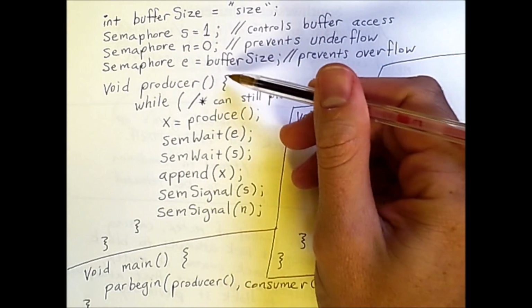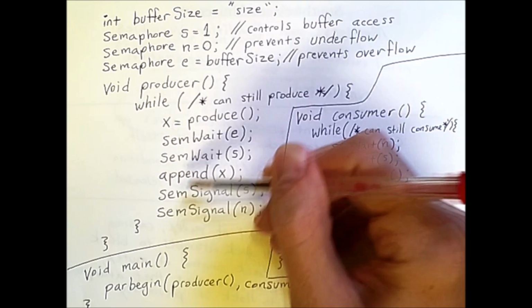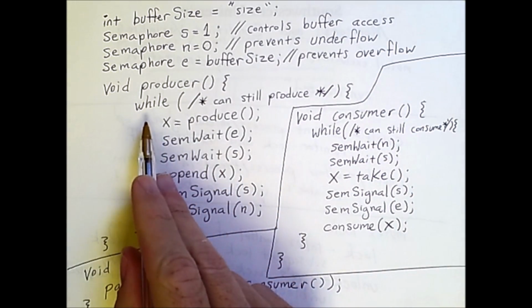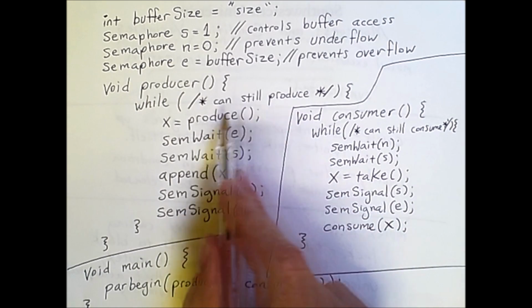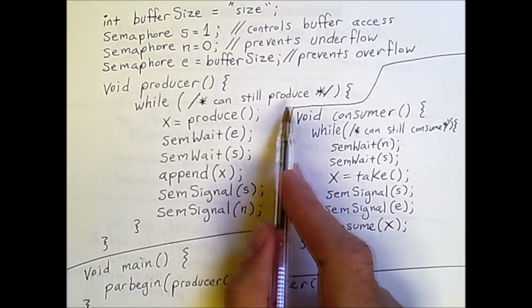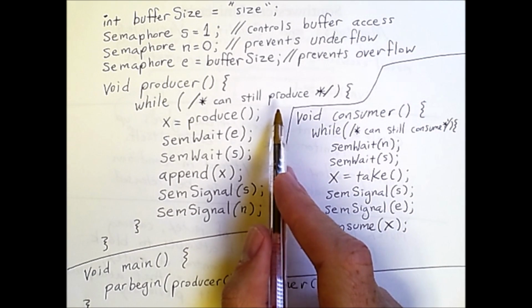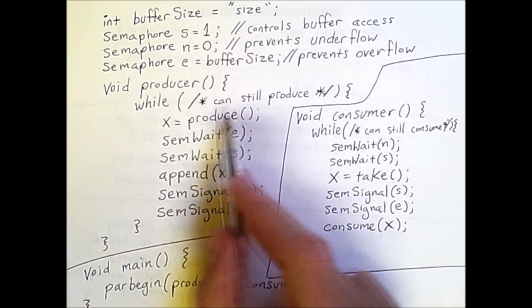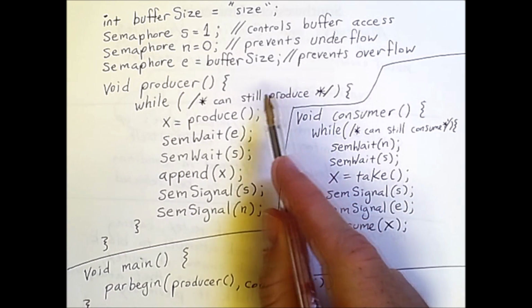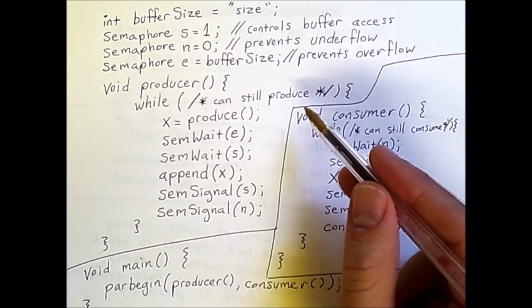So here is our producer process or thread, and we have a while loop, and we're going to loop as long as we're able to produce. So this is some condition that will make sense in the context you're using it in. You could simply have while true here, but more generally, we're looping as long as there's something that can be produced.